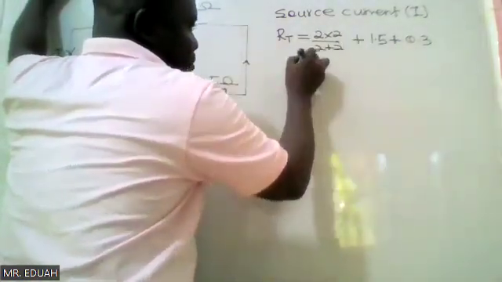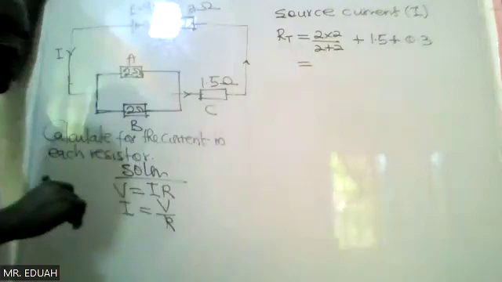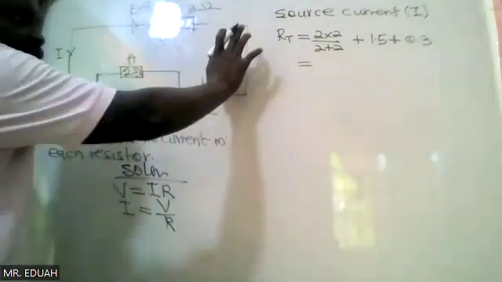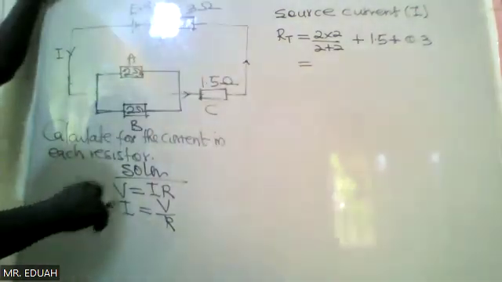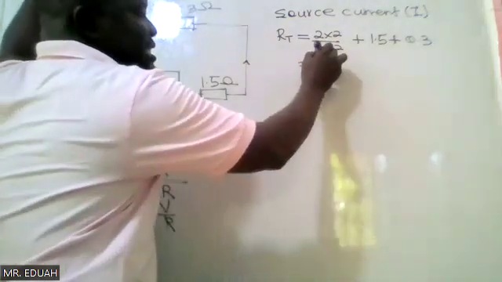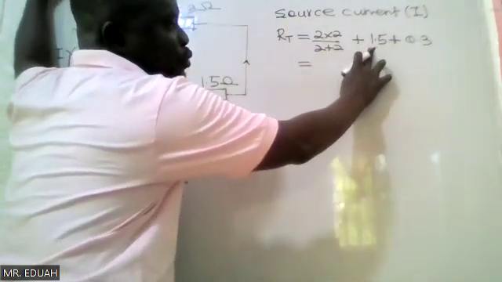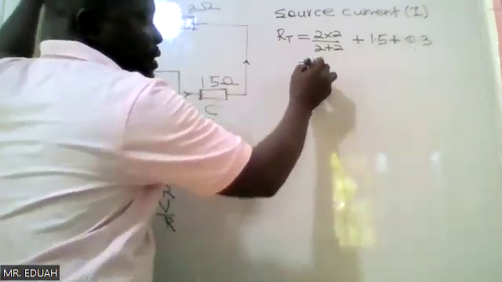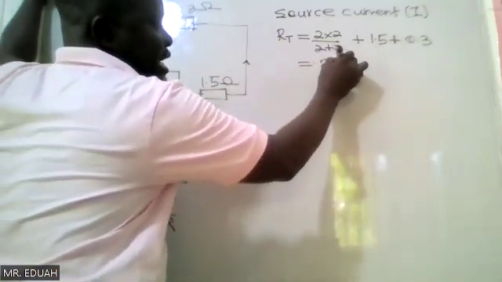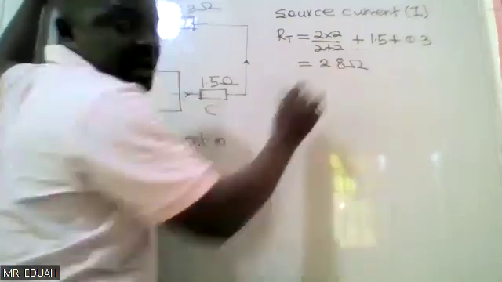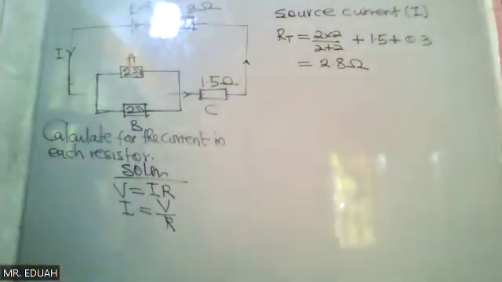Please, are you okay up to this point? Yes, please. This is 1. So 1 plus 1.5, 2.5, plus 0.3, 2.8 ohm is the total resistance.